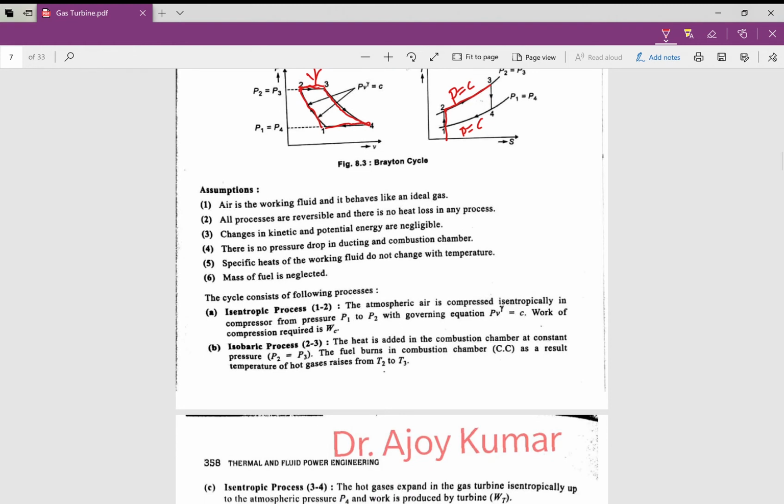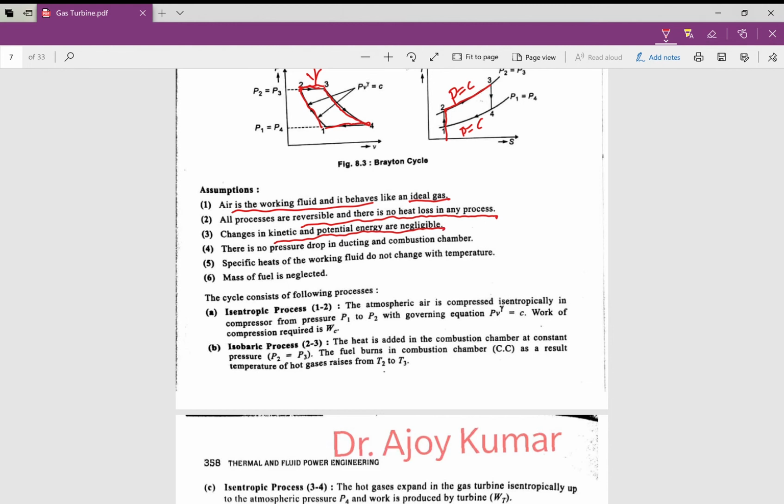So here we have assumptions, that is, air is the working fluid and it behaves like an ideal gas. Throughout the cycle, air is considered to be an ideal gas, right? All processes are reversible and there is no heat loss in any process. Next assumption, changes in kinetic and potential energy are negligible.